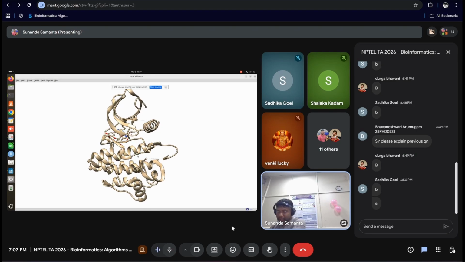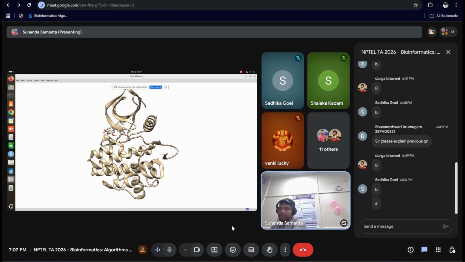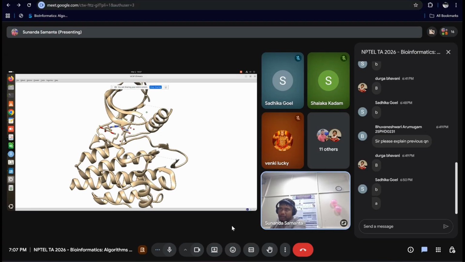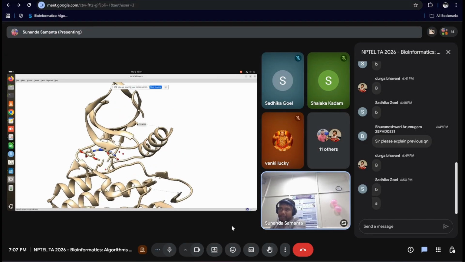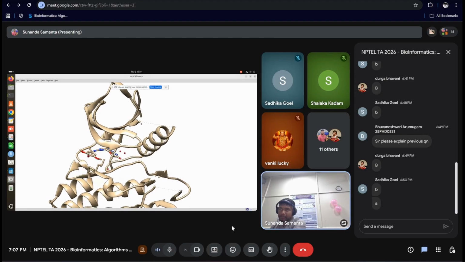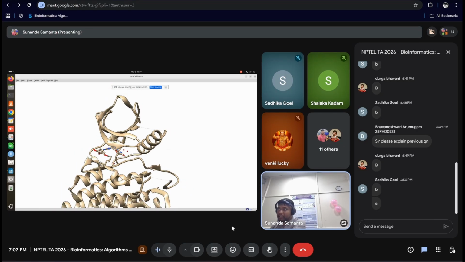Now in this particular structure, you see that certain regions do not have a specific 3D structure given. It seems that in this case the associated 3D structure is missing. So these are your missing regions that were not captured by the X-ray crystallographic process.